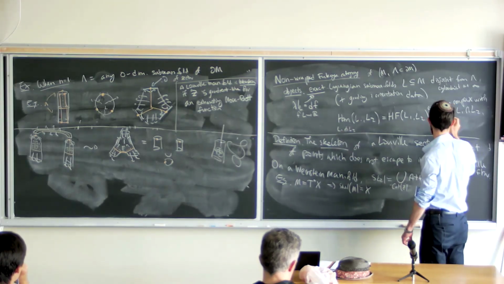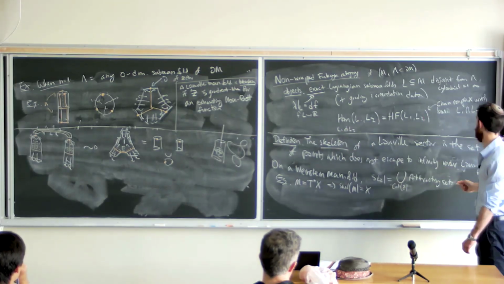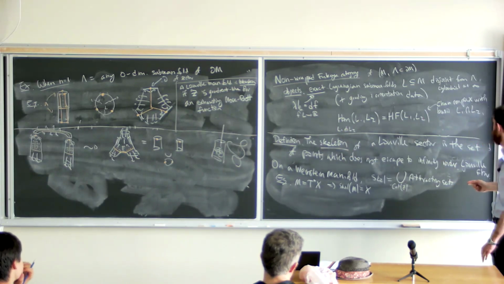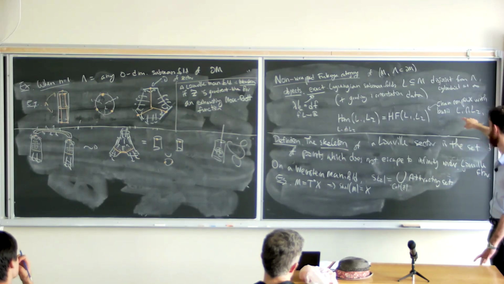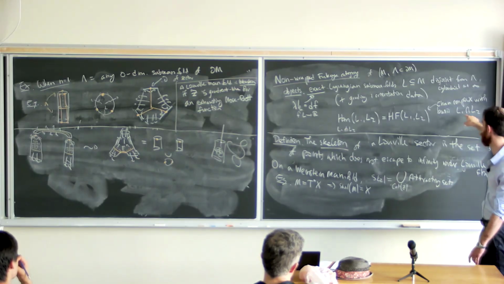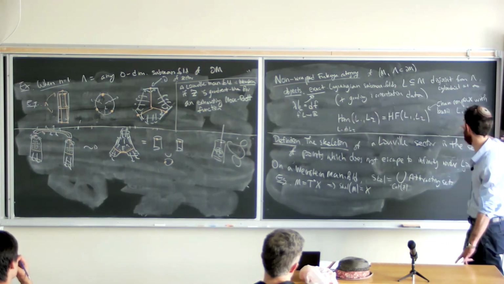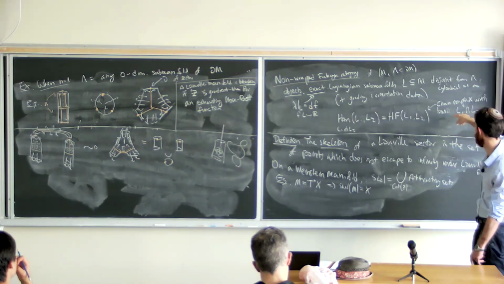I told you what the underlying vector space is: it has a basis given by one element for each of these intersection points. I didn't tell you what the grading is, but the grading data determines the grading.